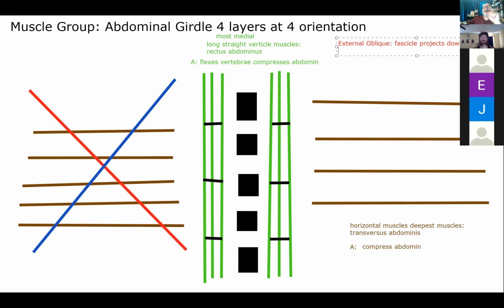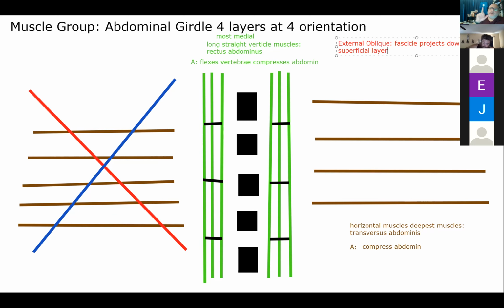Now remember, the way the fascicles project is only one of the ways we're going to tell them. Being the external oblique, it is also going to be more superficial, the superficial layer on top.